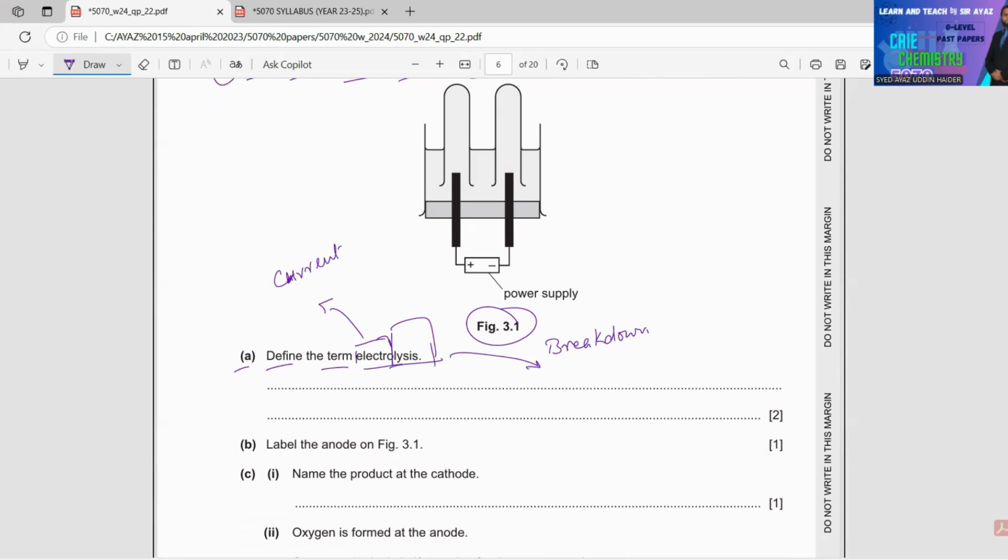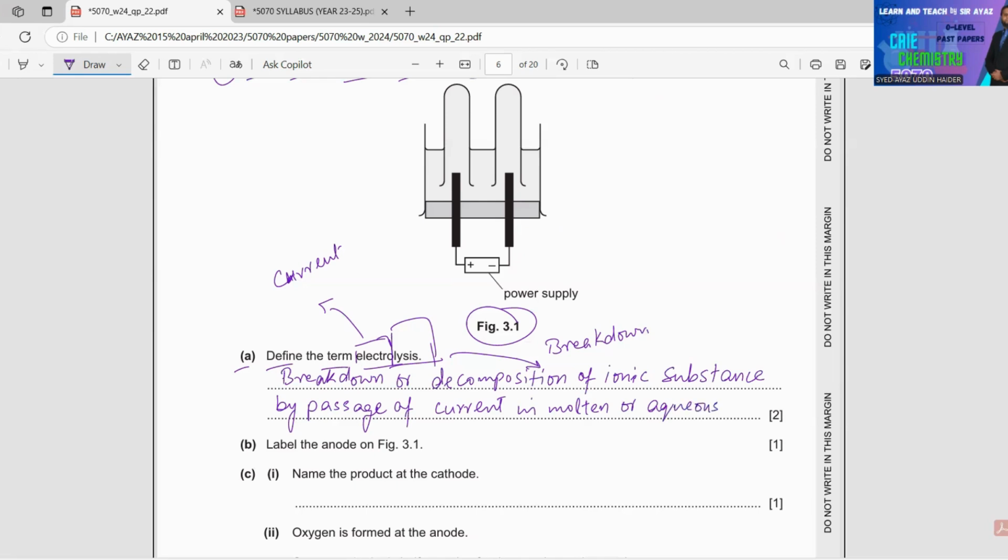So the meaning of the term electrolysis is that it's a breakdown or decomposition of ionic substance by passage of current in molten or aqueous state.